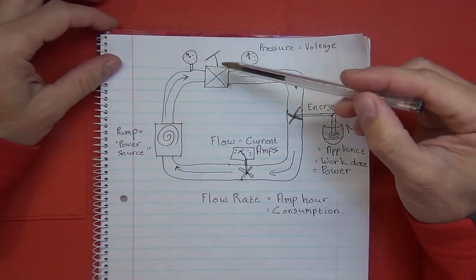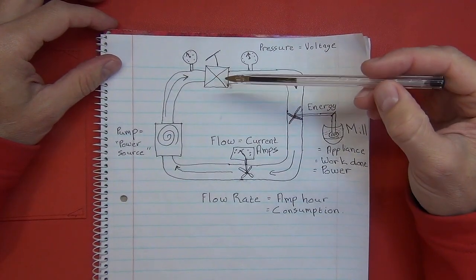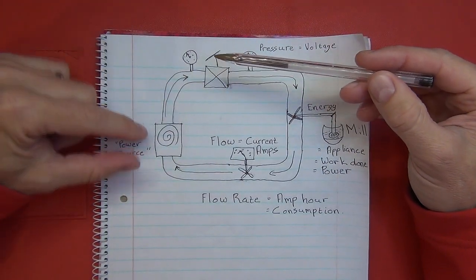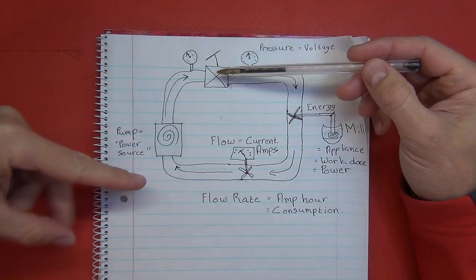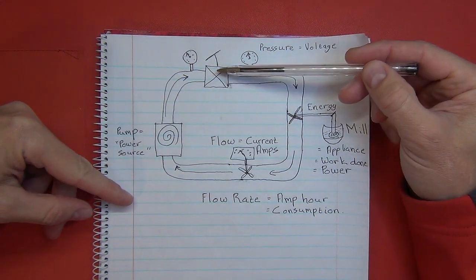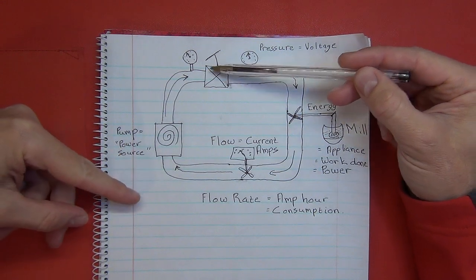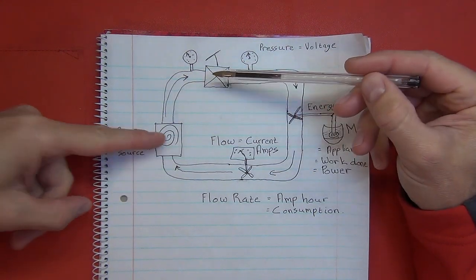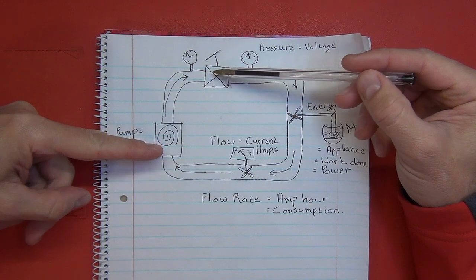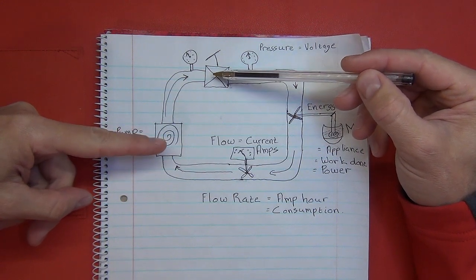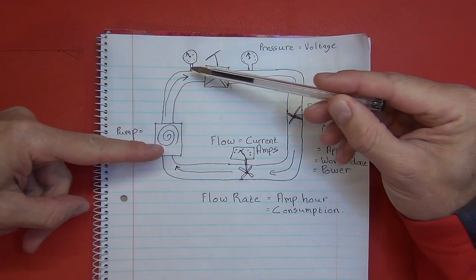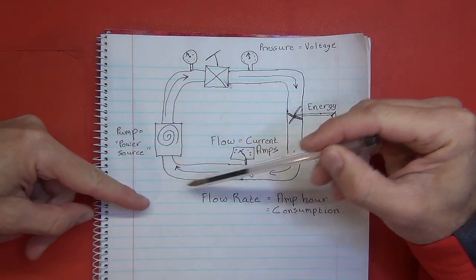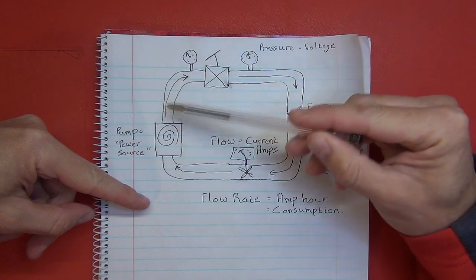Okay, and let's just look at that in terms of this diagram again, in terms of different voltage potentials or different pressures in a system. If I were to pretend that this valve over here was also a pump, but it was pumping in the opposite direction to this pump, you can understand that whichever pump had the highest pumping pressure would be the one winning the direction in which the water would be flowing.